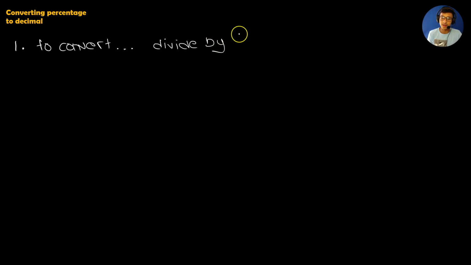The first thing we need to know when converting is that it's just very simple, two steps. First, we need to convert: we just need to divide by 100, and yes, it's that simple.